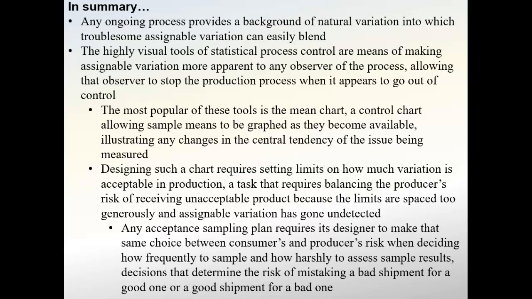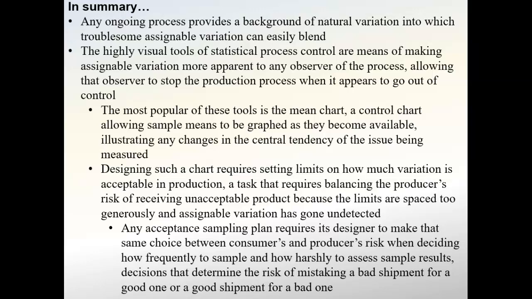The most popular of these tools is the mean chart, a control chart allowing sample means to be graphed as they become available, illustrating any changes in the central tendency of the issue being measured.